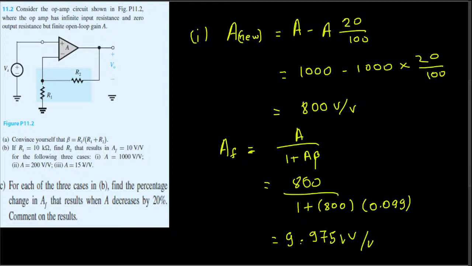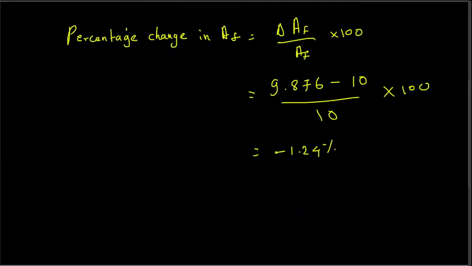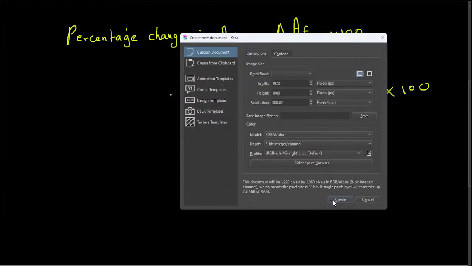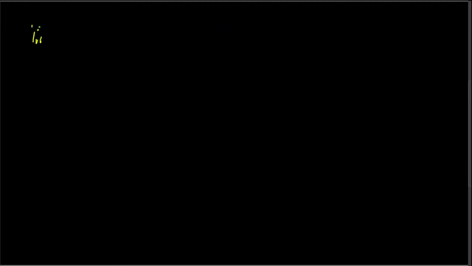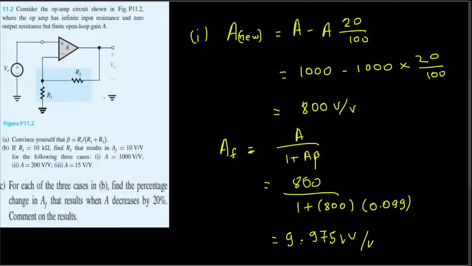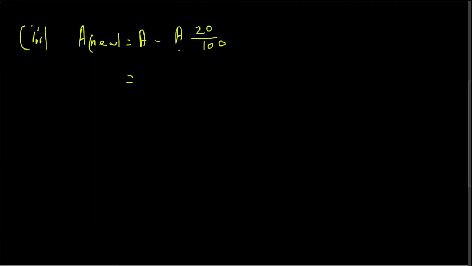In part 3, we have A equal to 15 voltage per voltage. So we have to first find out the gain after the 20% decrease. A new is going to be, again, the same equation, A minus A times 20 over 100, and this time we have A to be 15. So we plug that in right here, 15 minus 15 times 20 over 100.